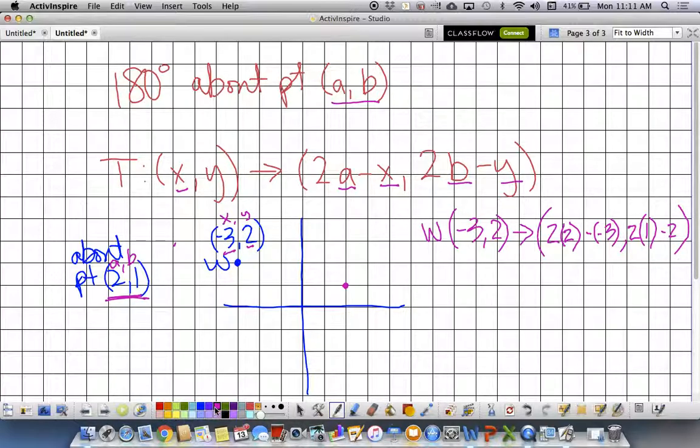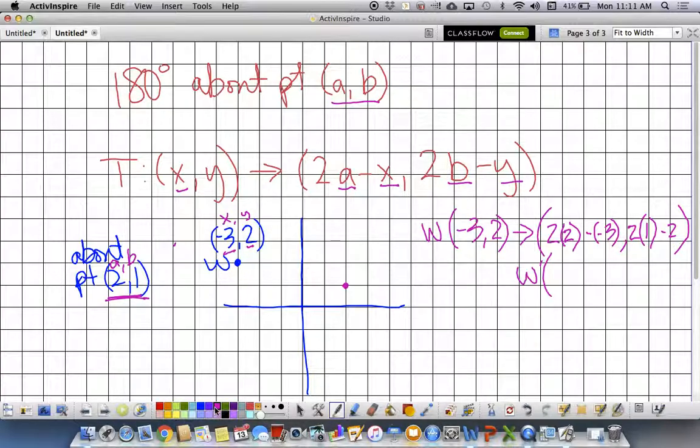Okay, so what is our W prime? I forgot my W prime. What's your W prime? W prime is -2, 70. Do you see where you got 7?